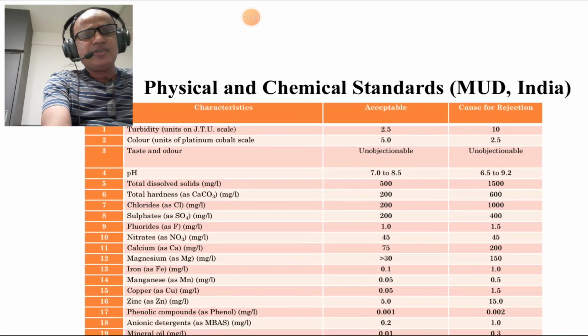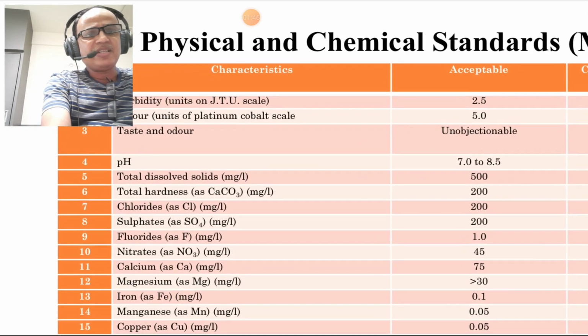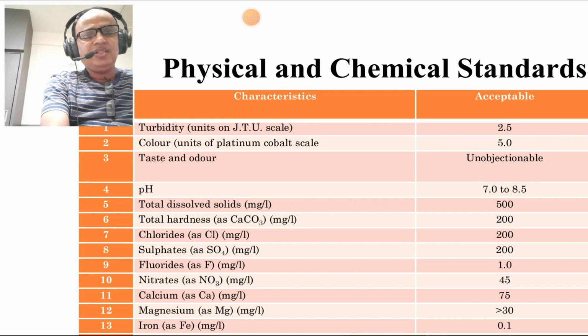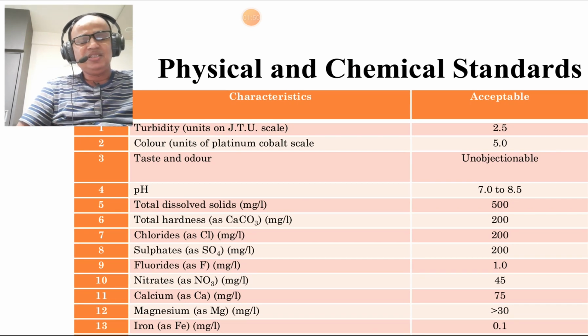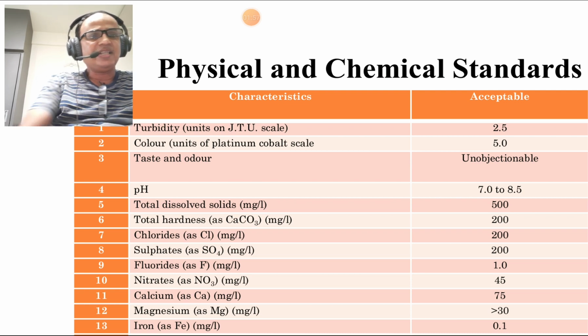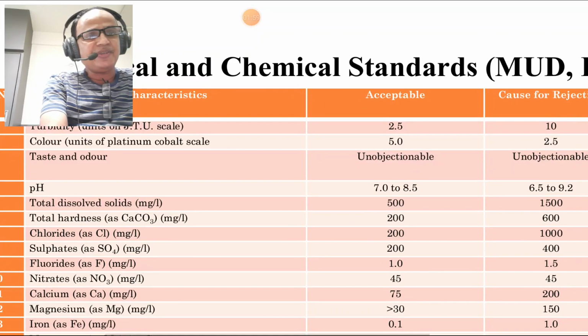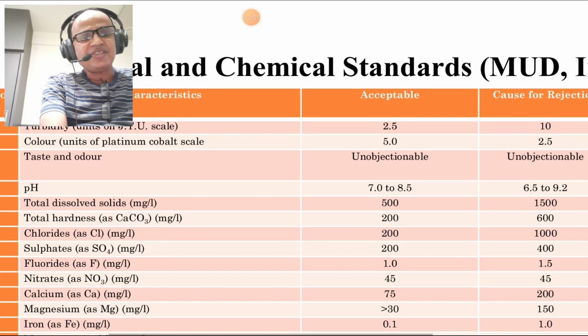Then we are going to discuss the physical and chemical standards of water. The first physical standard is turbidity, measured on the JTU scale: the acceptable level is 2.5 and the cause for rejection is 10.